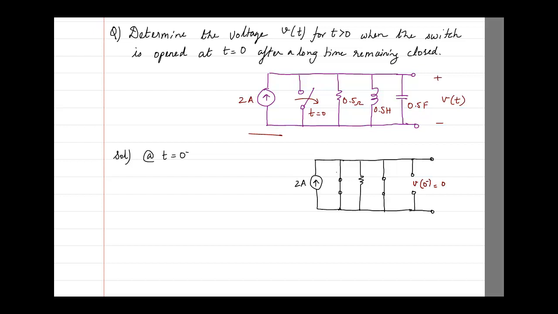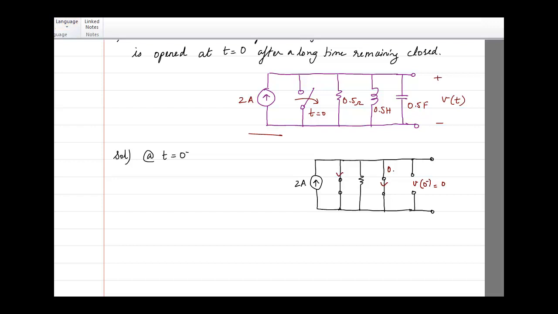There is no point for this current to divide anywhere else. It will directly go through the switch, because the switch offers the least resistance path. So this current I naught is also going to be 0.